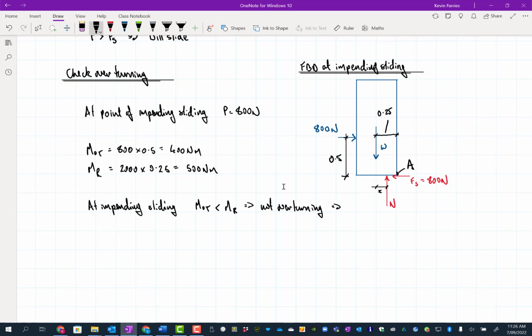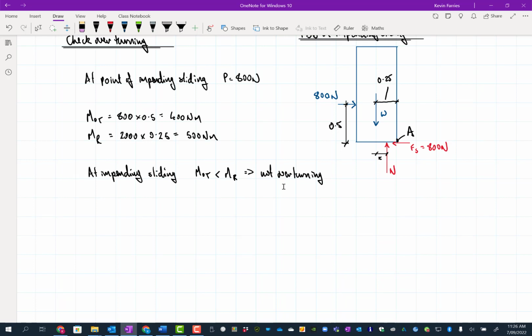So therefore sliding would be critical. So it's going to slide before it overturns.